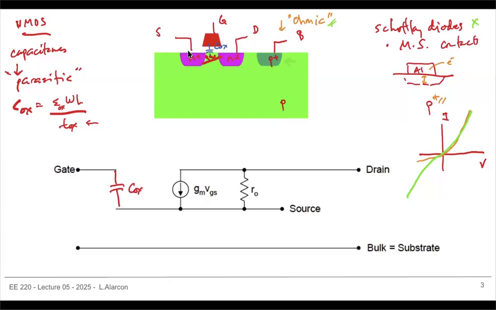But you do have a bunch of other things, right? So for example, one additional capacitance is your overlap capacitance, because that gate has a small overlap to the source, and you also have that small overlap to the drain, right? And we call that our overlap capacitance.